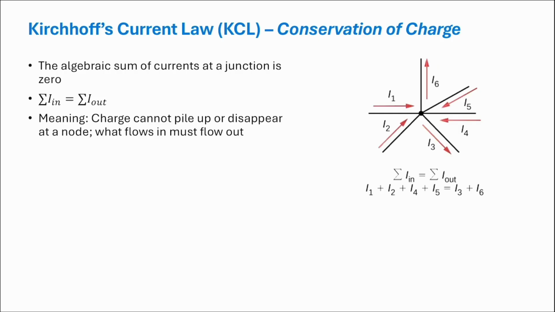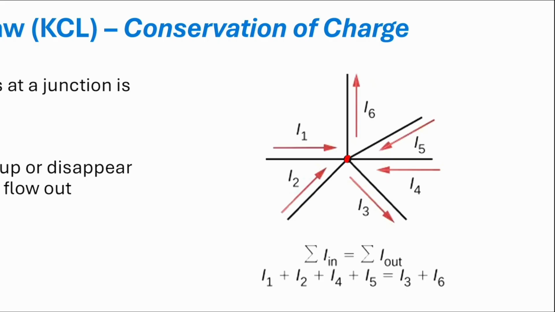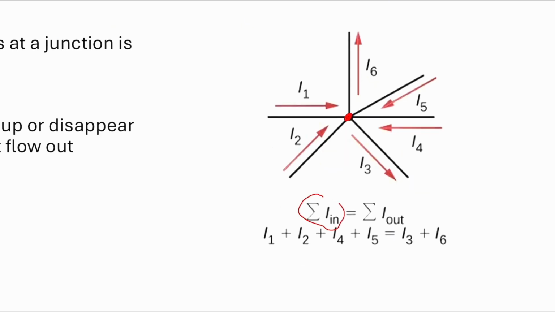The first law is called Kirchhoff current law, and the idea is very simple. First, we have to identify a node, and it is all about nodes here. The law says you look at the current flowing into the node, and you look at the current flowing out of the node. The sum of all current flowing into the node is equal to the sum of all current flowing out of the node.